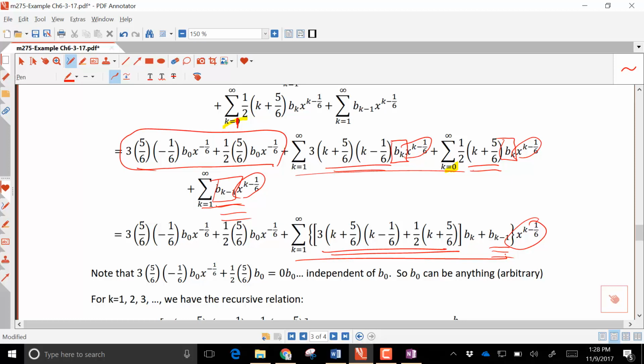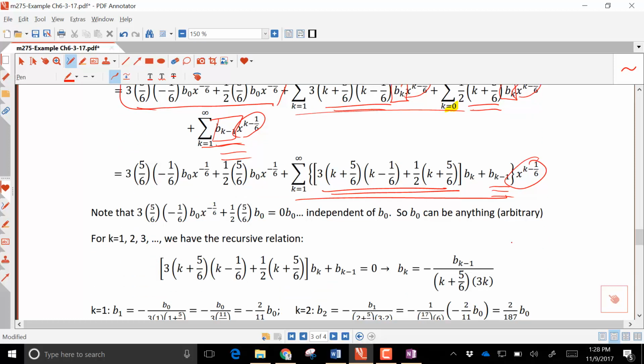All right. And there was something funny that happened here also yesterday that we've kind of noted. This first term, or this term that wasn't involved in a series, if we factor out a b sub 0 times x to the negative 1/6, we're going to get negative 5 over 12 plus 5 over 12, which says that this is equal to 0 regardless of what b sub 0 is equal to.